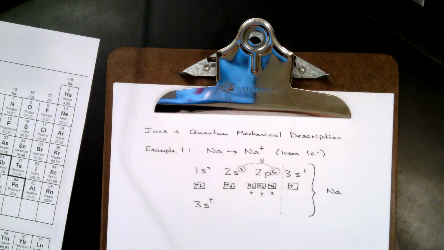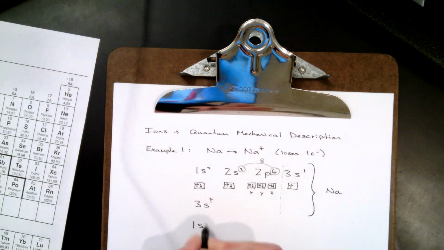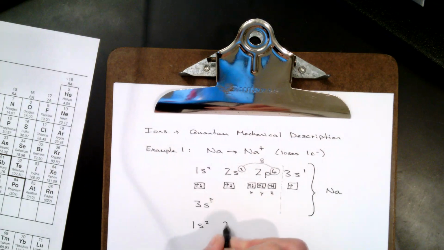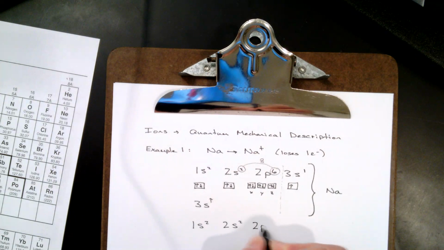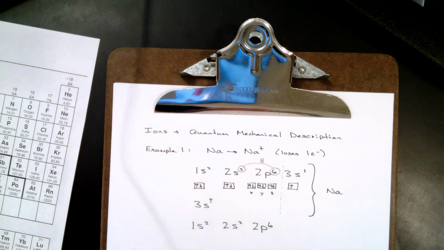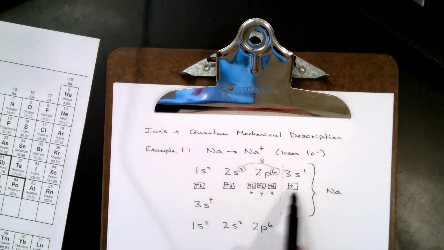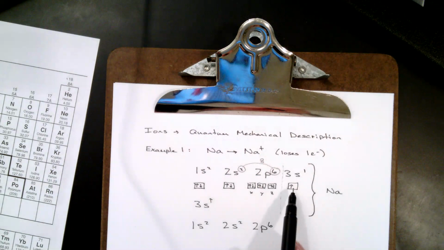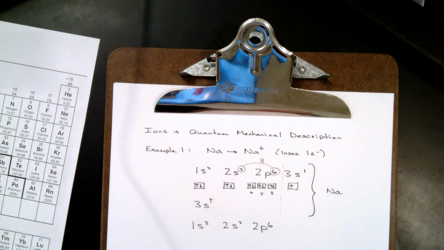So this is Na. If I asked you about the Na+ ion, we know that Na+ would be 1s2, 2s2, and 2p6. This Na+ will not contain this last electron because it changed from an Na to an Na+.